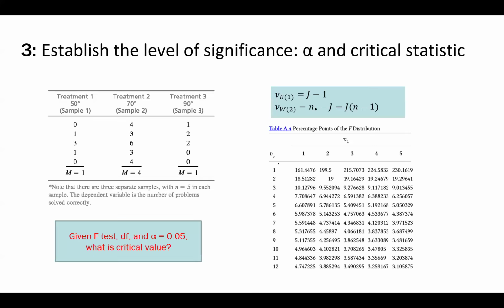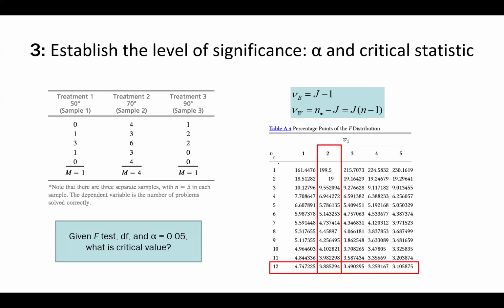So you can think now, what are my numerator degrees of freedom and what are my denominator? What is Nu1 and Nu2? And where do they meet? Because we have 3 groups, our j minus 1 is 3 minus 1, which is 2. So we're going to look down the 2 column.